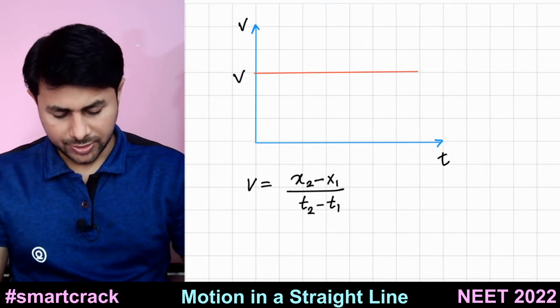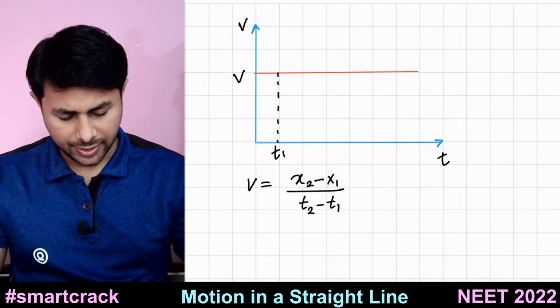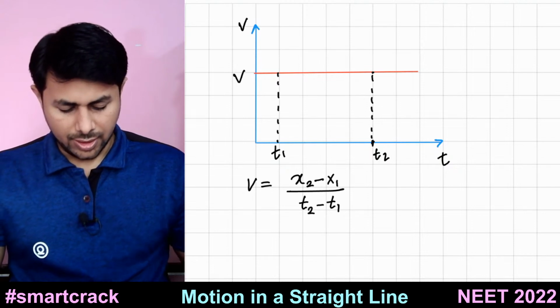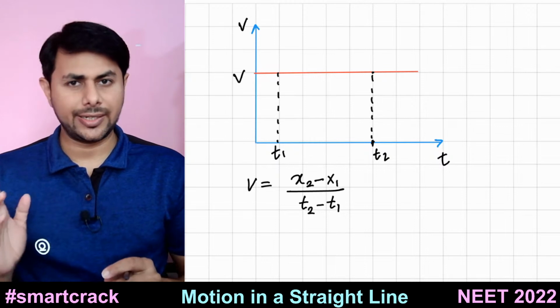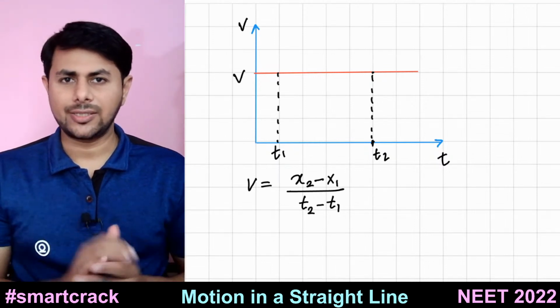Let's suppose I take some time t1 over here and t2 over here. So v is the position at time t2 minus the position at time t1, divided by t2 minus t1.